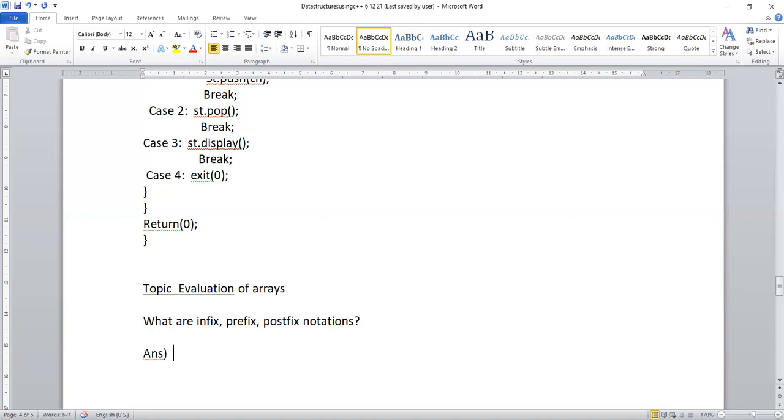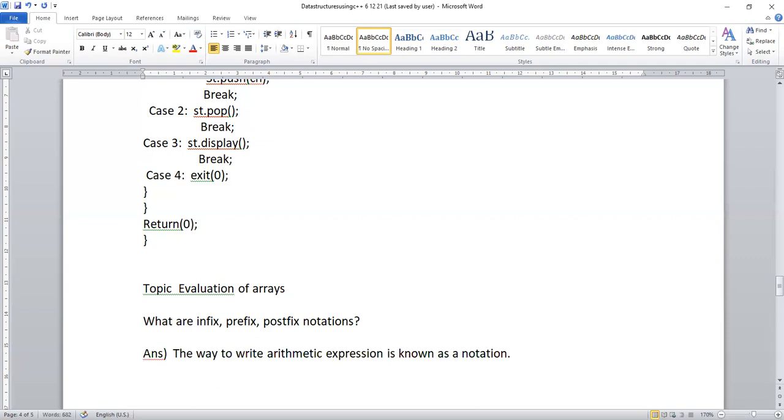So we can define like this. The way to write arithmetic expressions is known as a notation. Okay.